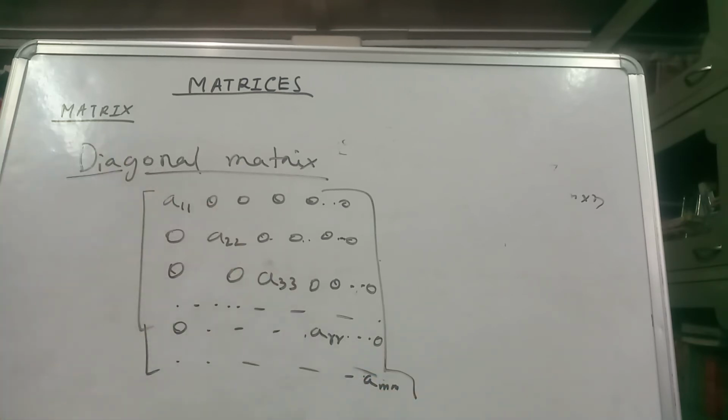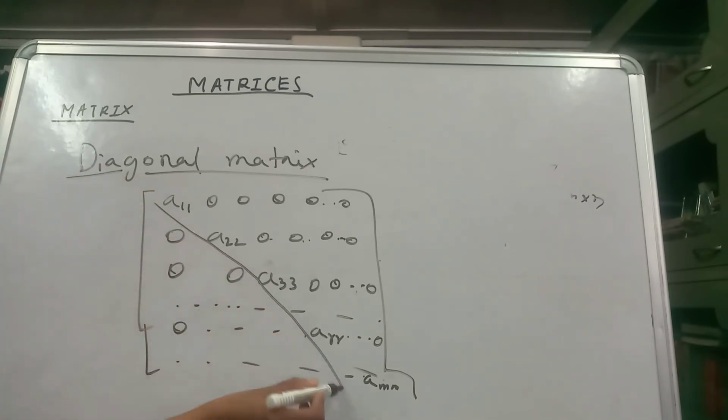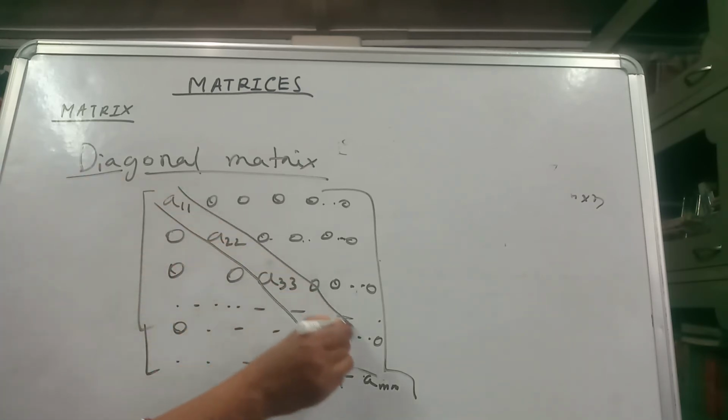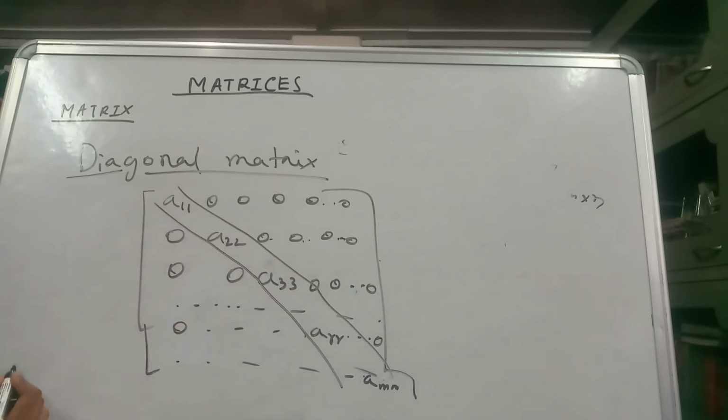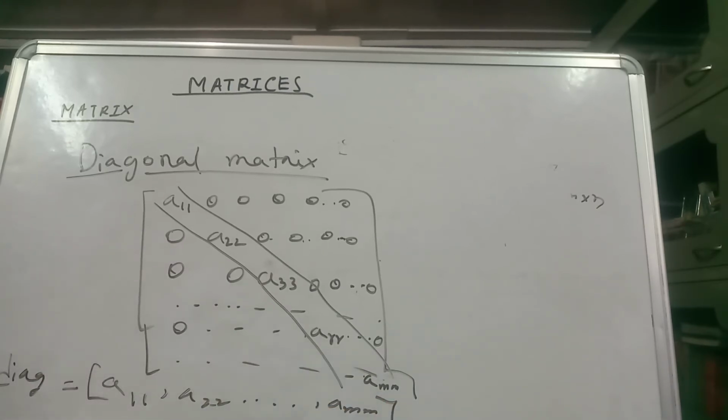Then this matrix is called, here you see these are my diagonal elements and all the elements outside these are 0, and symbolically we write this in this way, in the third bracket, a11, a22, amm. This is our diagonal matrix.